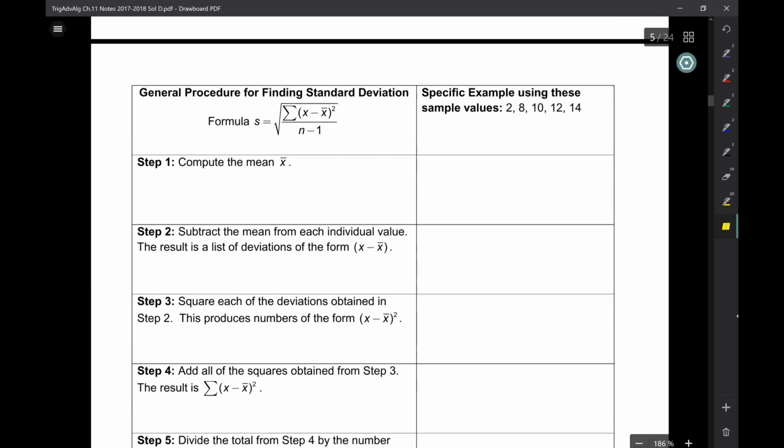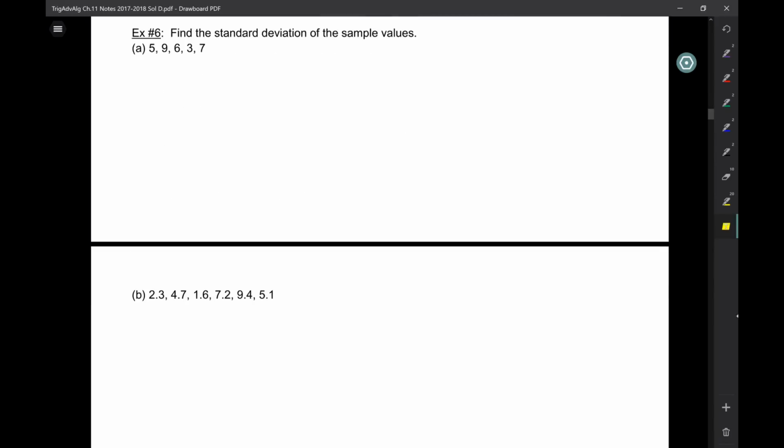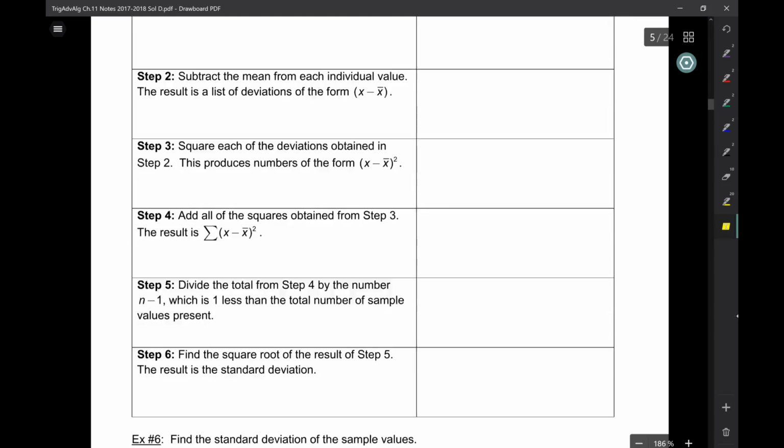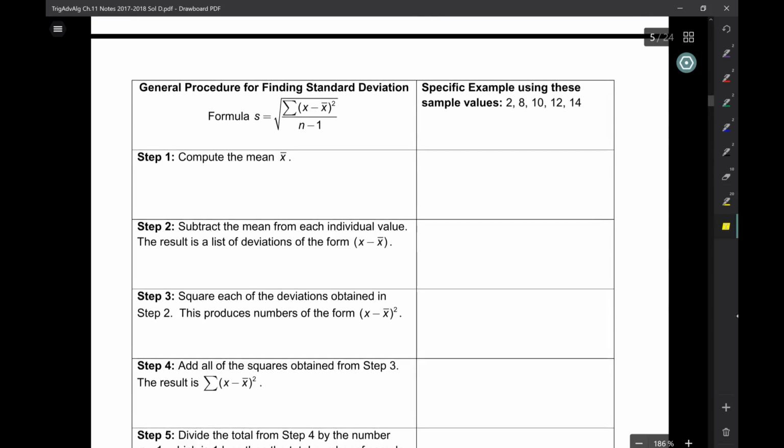Okay, let's do this. Yikes is right. So here are my sample values. First, we need the mean. For the mean, we don't need it to be in order. 2 plus 8 plus 10 plus 12 plus 14.